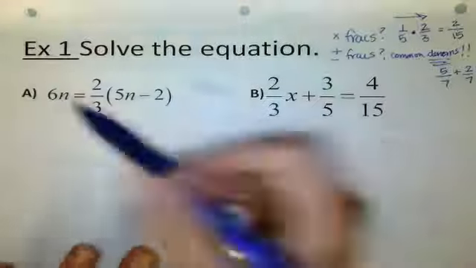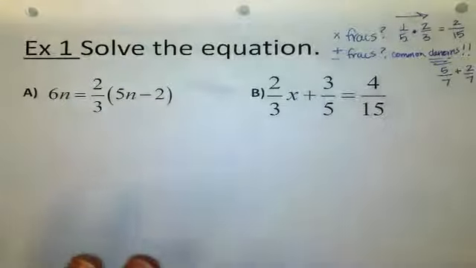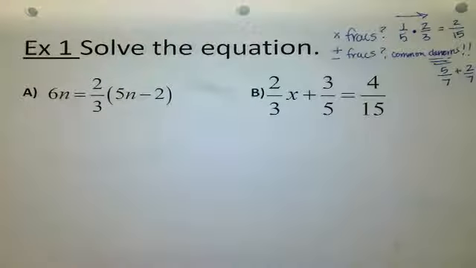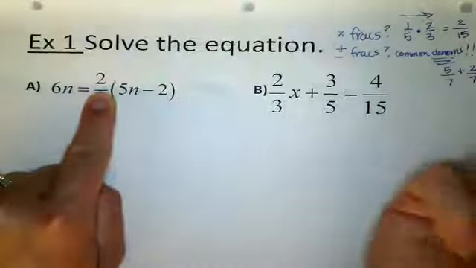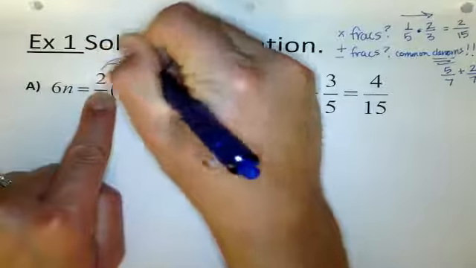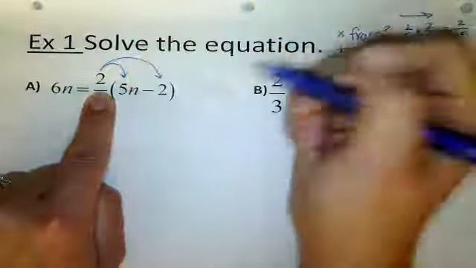All right, so I have 6n is equal to 2/3 times the quantity 5n minus 2. What should we do first on letter A? Distribute. If it was just 2 times the quantity 5n minus 2, you would distribute, and we're going to do the exact same thing.